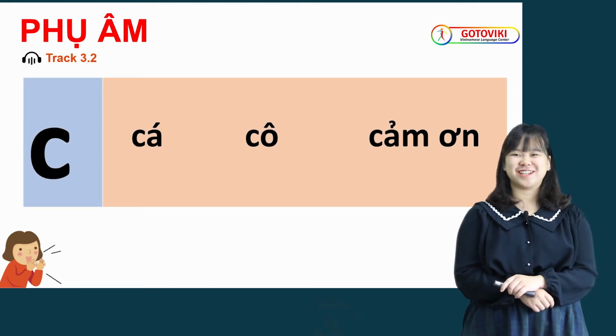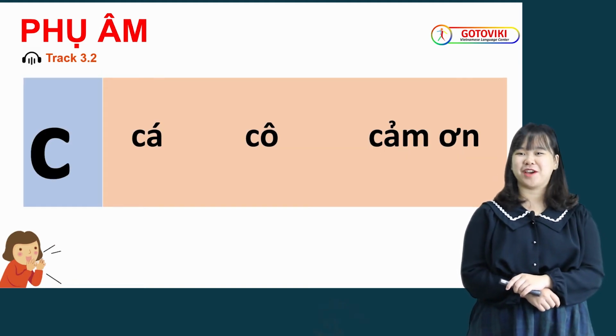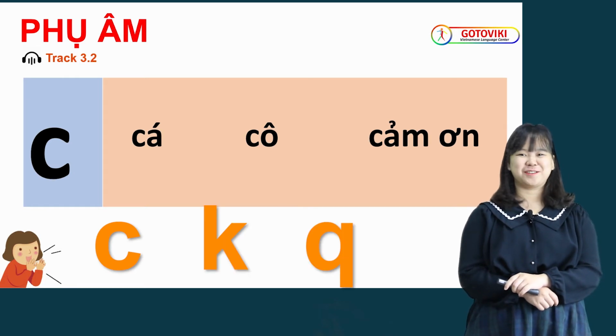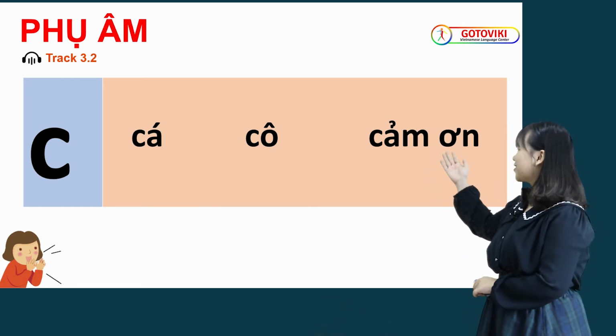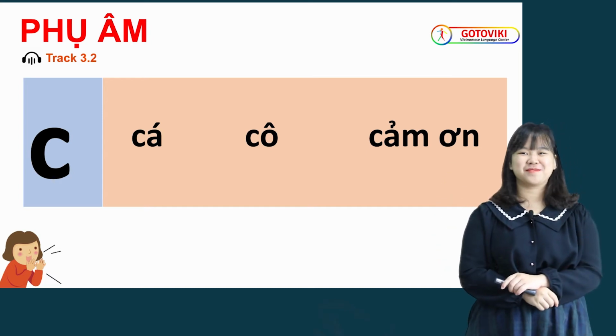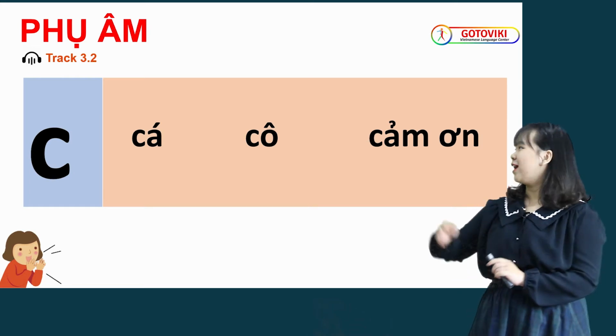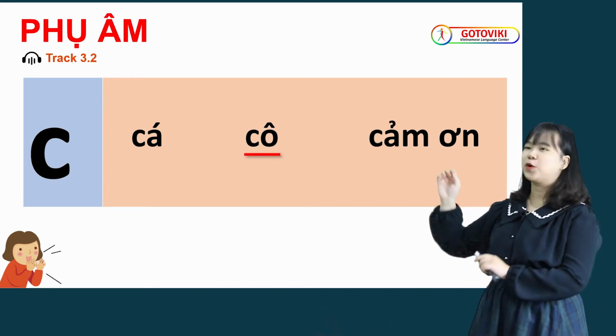The first consonant is G with 3 writing ways: C, K, and Qu. So here we have C. Đọc theo mình nhé. G, G, G. Okay, for example. Cá, cô, cảm ơn.